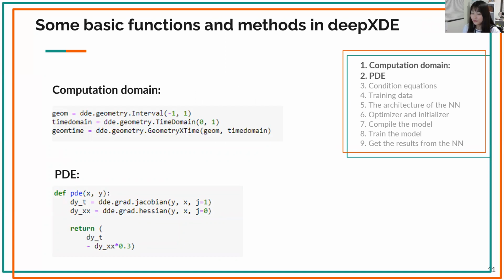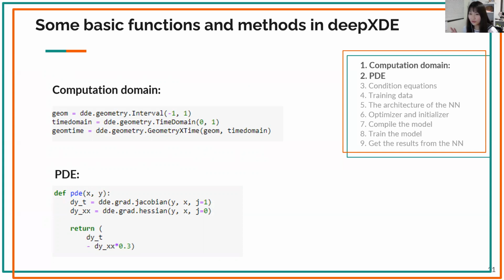So the first step is to define the computational domain. This function is quite easy to use. As we can see, geom equals dde.geometry.Interval(-1, 1). This is the simplest way to define our geometry in 1D.